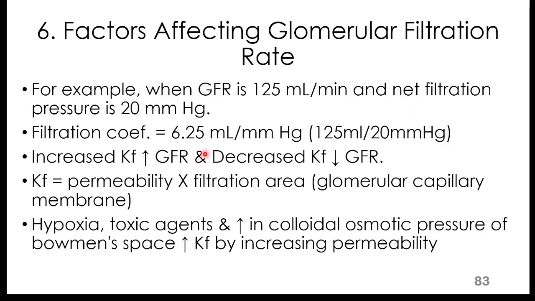If you calculate it based on these values, where GFR is 125 mils per minute and the net filtration pressure is 20 millimeters of mercury, 125 divided by 20 will give 6.2 mils per minute per millimeter of mercury.